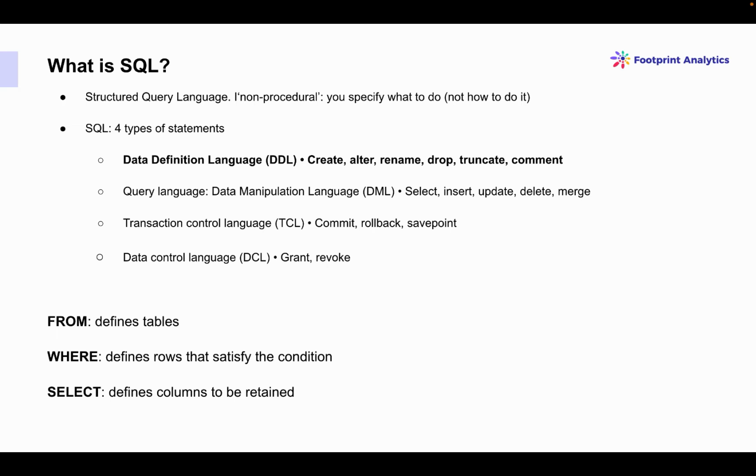The where operator is a condition operator, so it defines rows that satisfy a certain condition or conditions. I want to receive something from a particular source where one of the parameters satisfies my condition. And select is an operator that enables you to define the columns to be retained. So that's basically the selection of everything that you received.